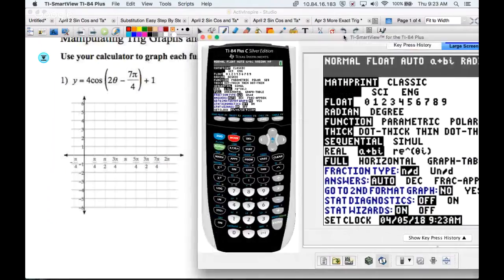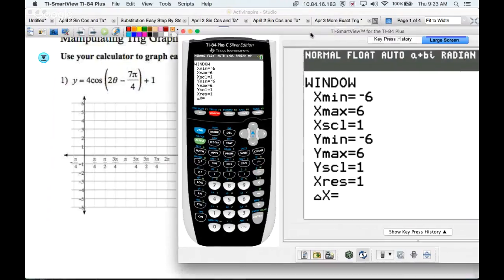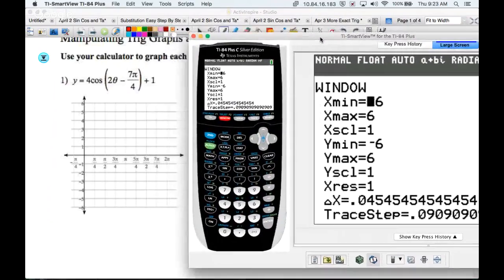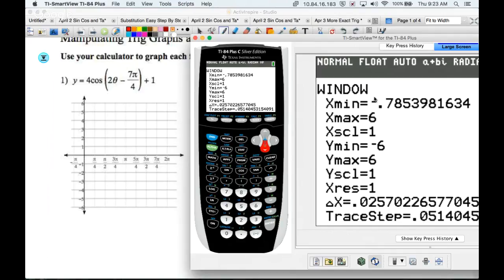All right, the next thing is I want to change my window to match what I'm seeing on this piece of paper. So I press the button window. It's going to bring up these options here. The x minimum. How far does this go over on the x-axis? It looks like my furthest over grid line is negative pi over 4. So I type that in exactly as you see. Negative pi over 4. It's going to fill in a decimal, but that is equivalent to negative pi over 4.